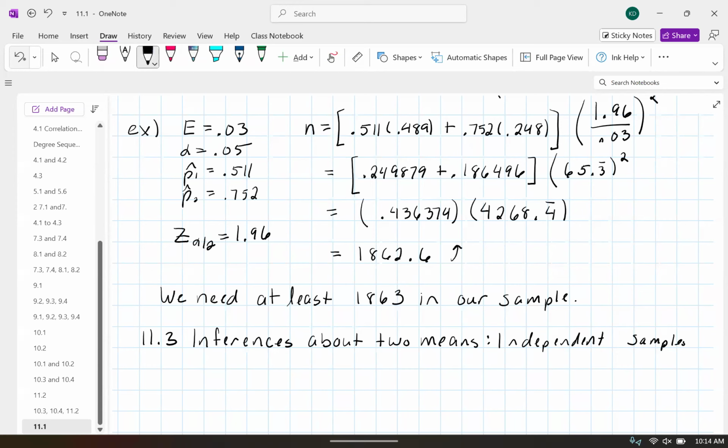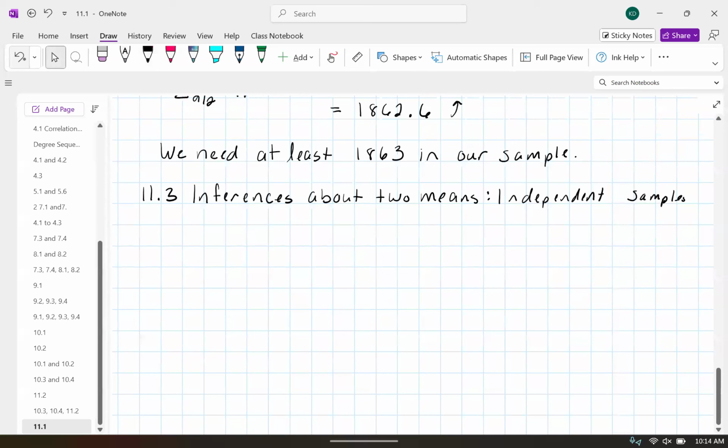Well, 11.3, we're comparing means again. Anytime we have a mean, we have a t-test. And we have independent samples this time. So thing one doesn't affect thing two. They're not matched. We're just two samples. So our stat for this.